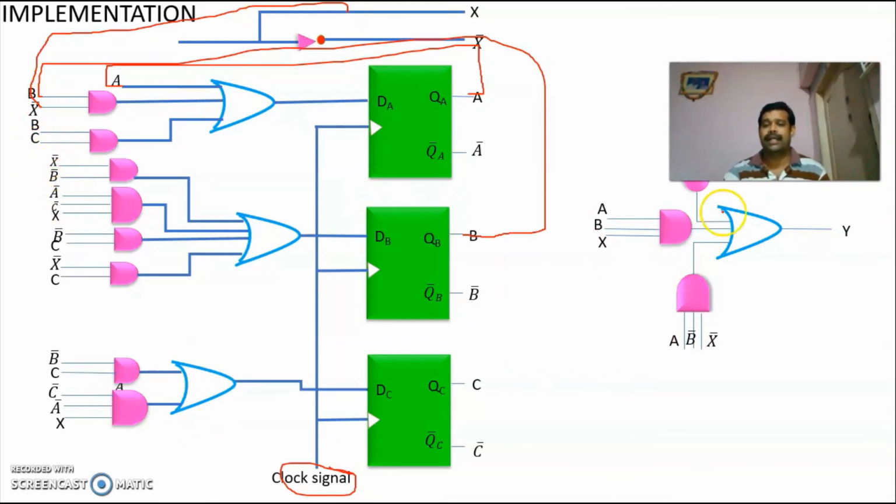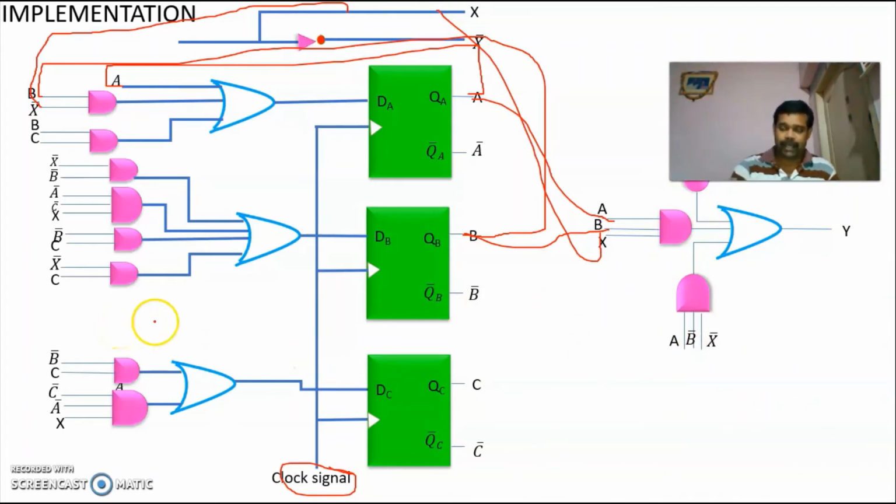So you have to connect like this. This is output. So output means you have to take from A, similarly from B, and similarly from X. Similarly, for this one you have to give the respective connections and complete the logic diagram. Okay, this is the implementation.